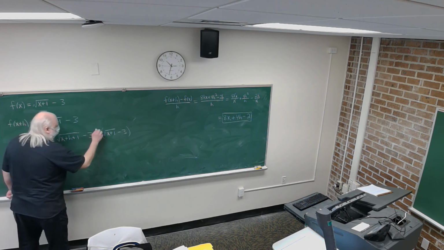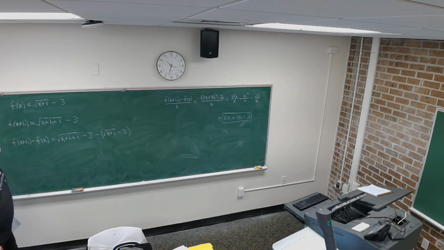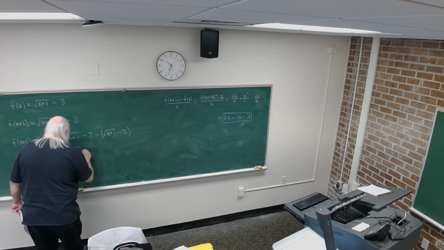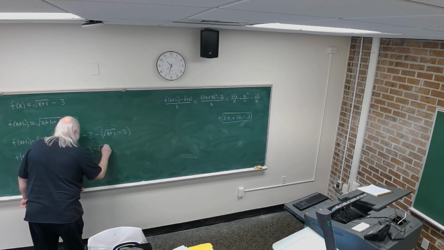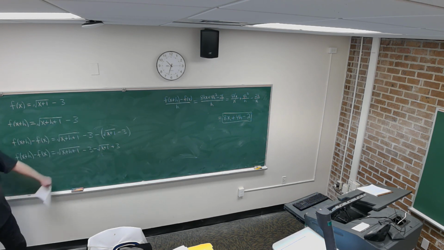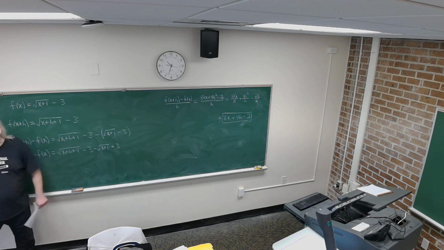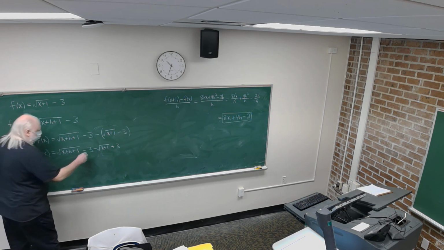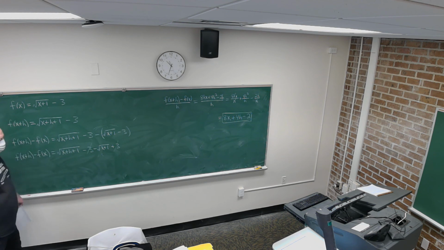So now we distribute the minus sign, which is the same as multiplying by minus 1. We have f of x plus h minus f of x is equal to the square root of x plus h plus 1 minus 3 minus the square root of x plus 1 plus 3. Now you can see minus 3 plus 3 cancel, that's equal to 0.